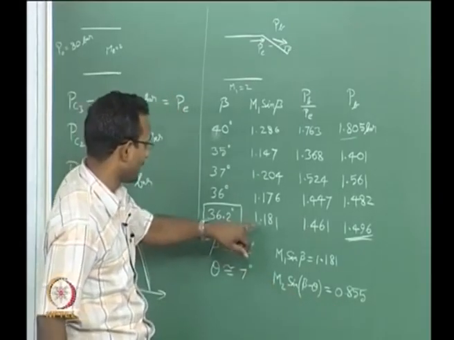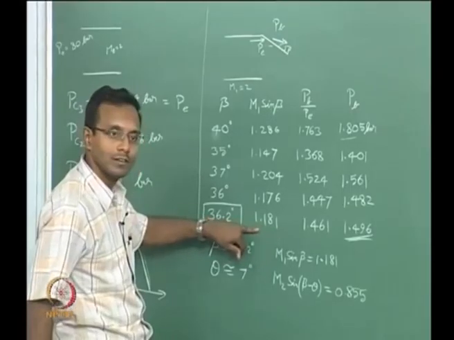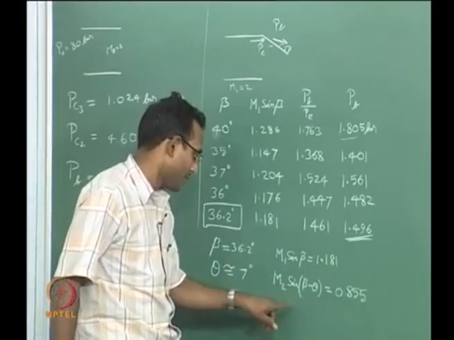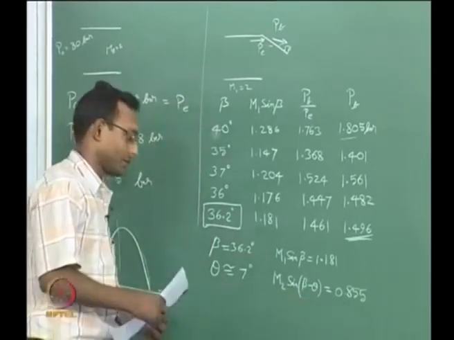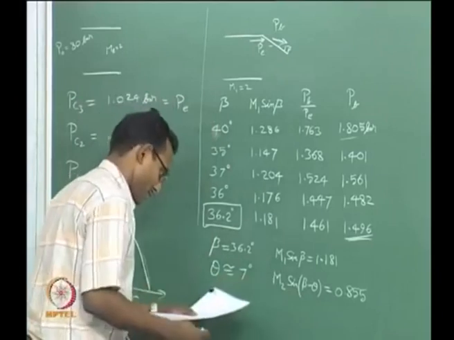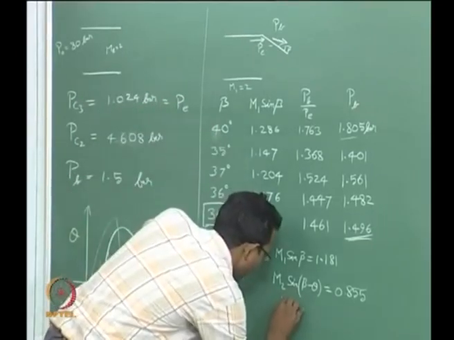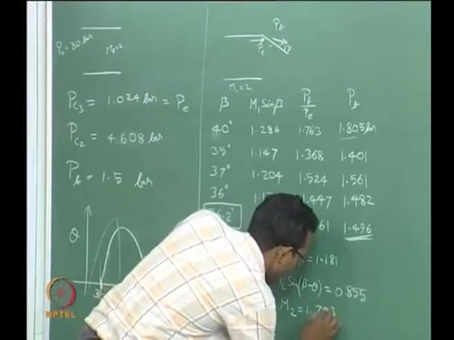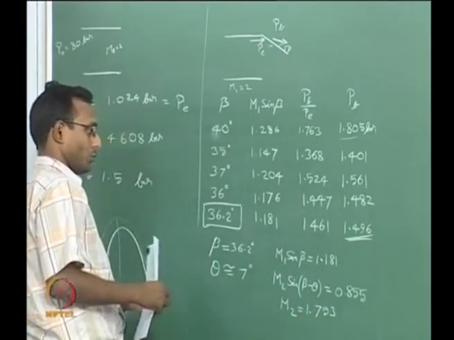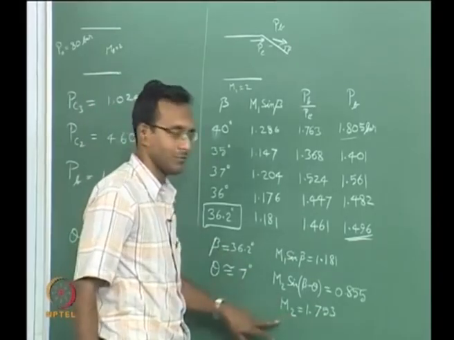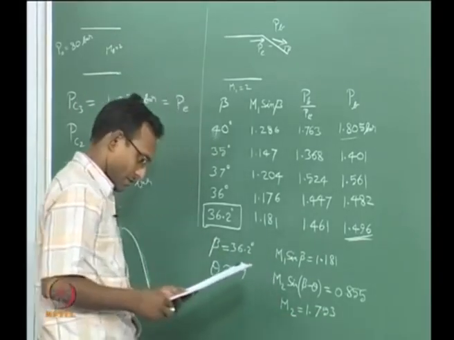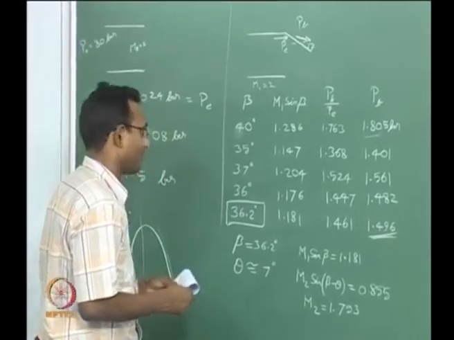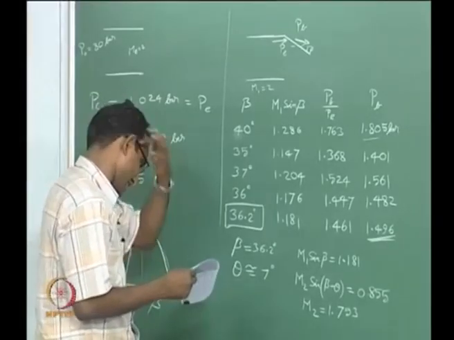Normal shock tables, looking at this number as the incoming Mach number, find the outgoing Mach number, that should be the number put here, and now I have to get the actual M2 out of that. I know my beta and theta, I can get M2, that M2 value happens to be 1.753, which means I started with M1 equal to 2 and my M2 happens to be 1.753 after my oblique shock. We have done this kind of calculation already, so I am just going a little faster, and also it involves a lot of iterations.